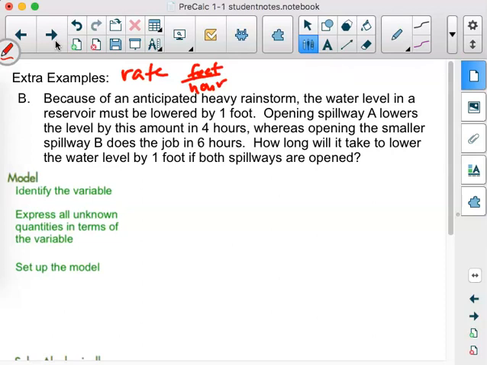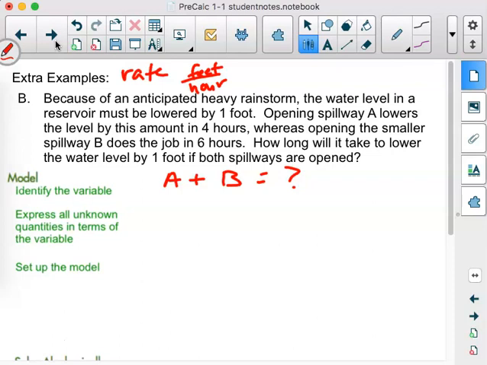That's what they're trying to figure out. How is that going to work? Right now, we know that they're going to use spillway A and spillway B. They want to use those two together, so they want to add those two, and see just how long it is going to take for all of that to work together.